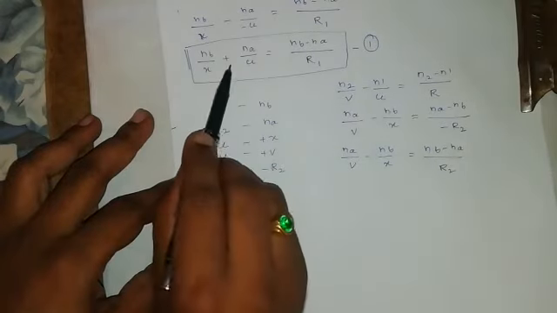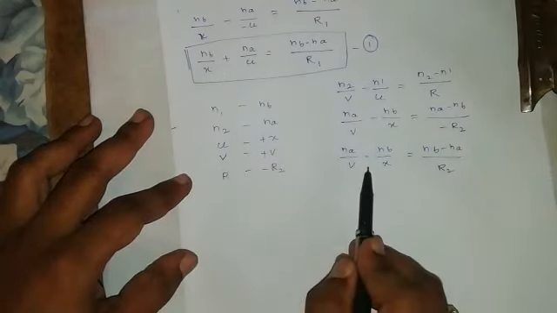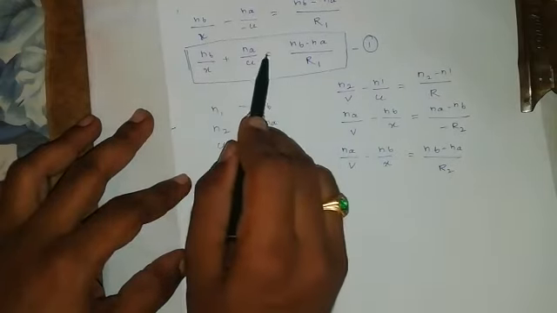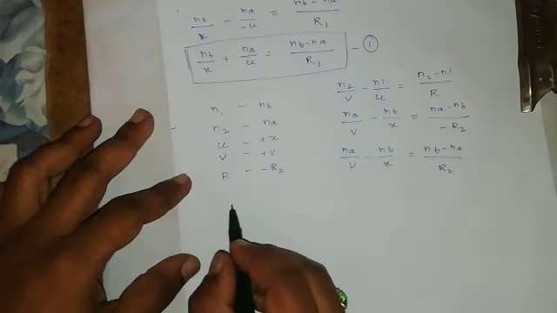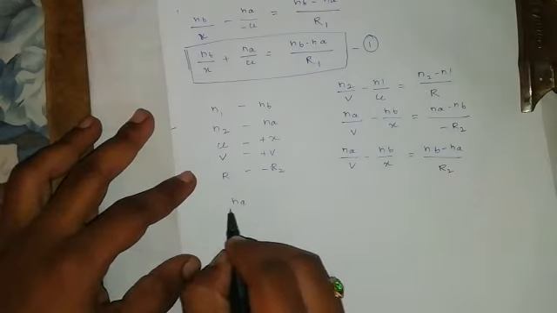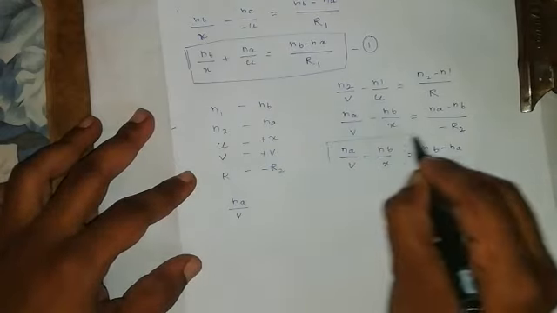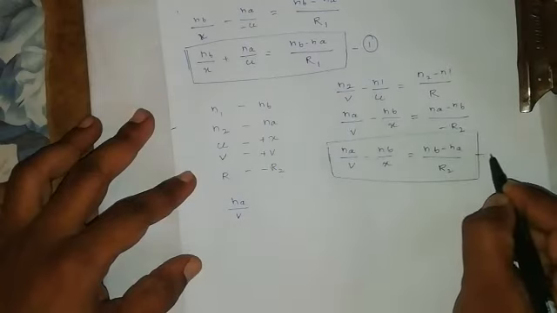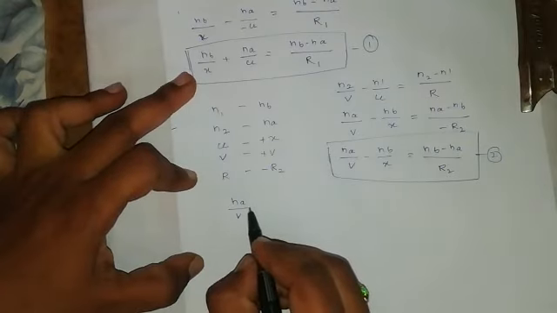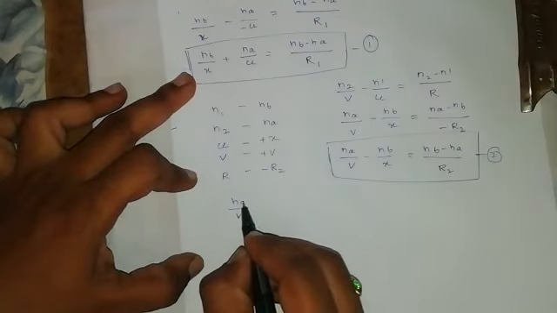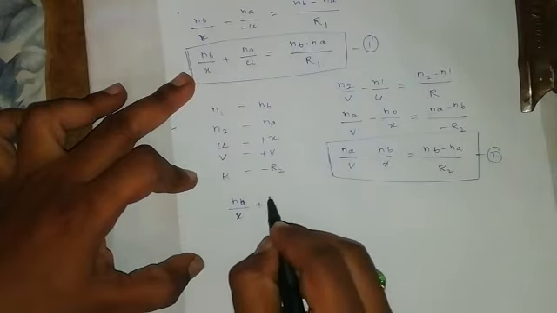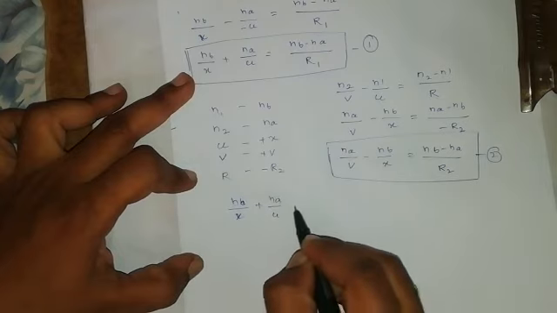Now let me take the first equation and the second equation and add them. The first equation: nb by x plus na by u.